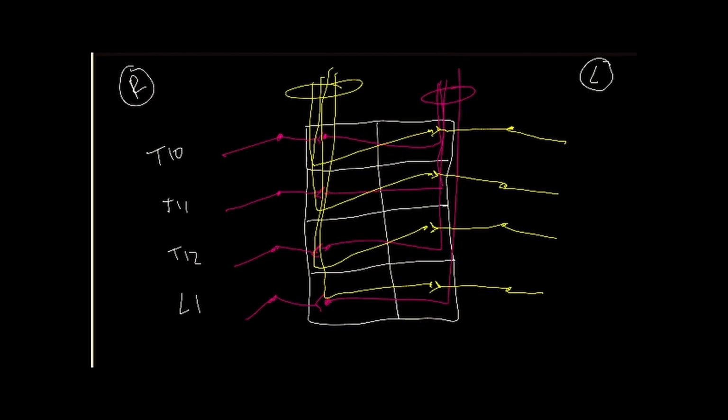Let's do one more, and we'll do it in blue. Now we're going to throw in our vibratory sense, proprioception. Where does this cross over? In the medulla. So when it enters the spinal cord, it goes up the same side.